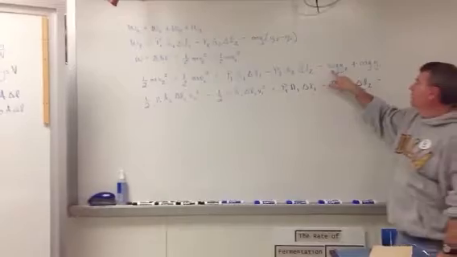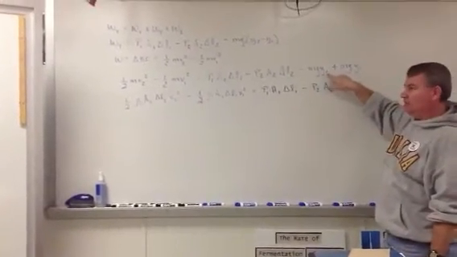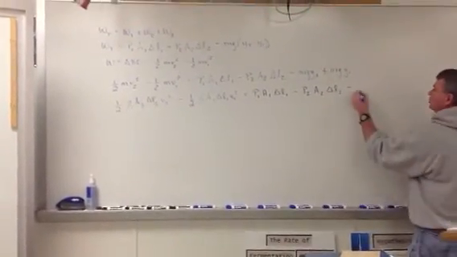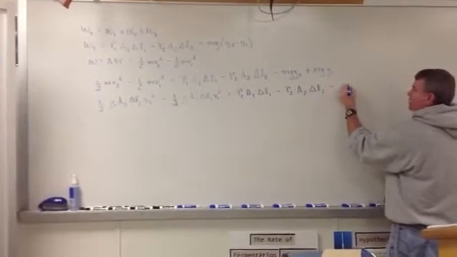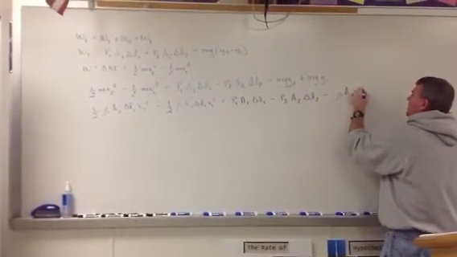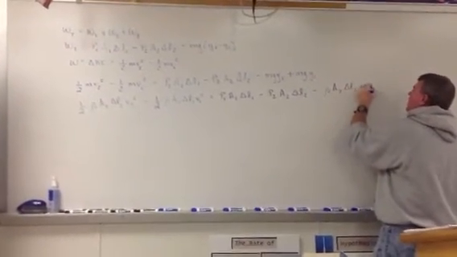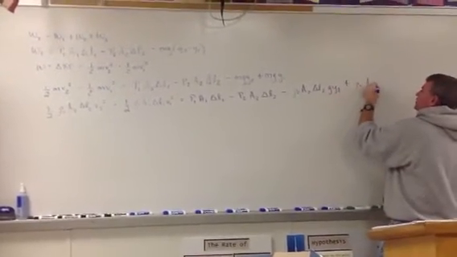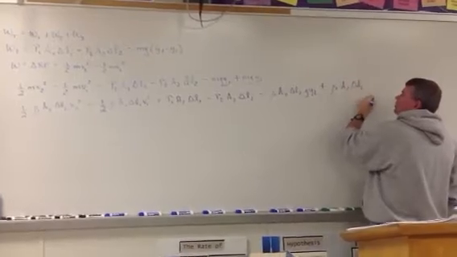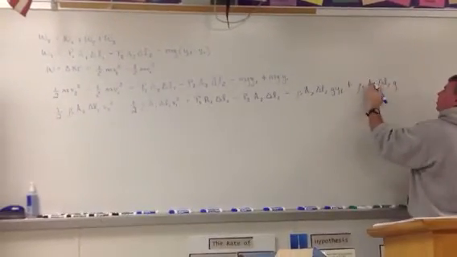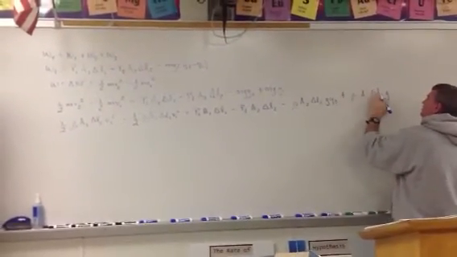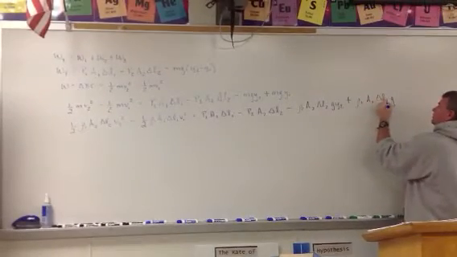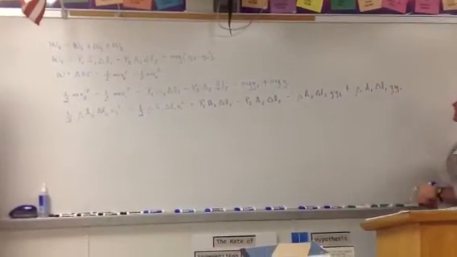Now, a mass here, that's going to be the second part, so that's going to be rho 2 A2 delta L2 G Y2 plus rho 2 A2 delta L2 G Y1. This is all 1, 1, 1, 1.